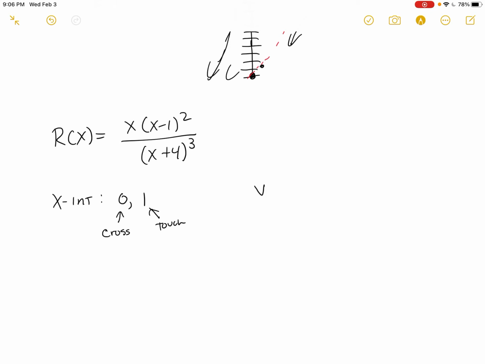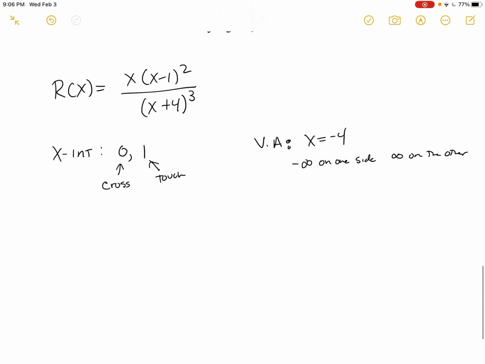We would find out that it has a vertical asymptote. And the vertical asymptote is x equals -4. And because it has odd multiplicity, it's going to be negative infinity on one side, infinity on the other. Okay.